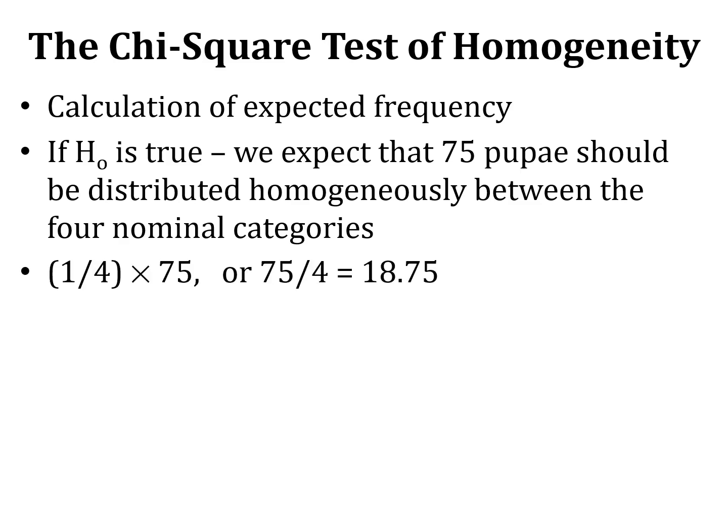How many classes do we have? We have 4 classes. So 1 by 4 into 75, which is the total number of observations. 75 divided by 4 is 18.75. So 18.75 pupae should be present in every category.